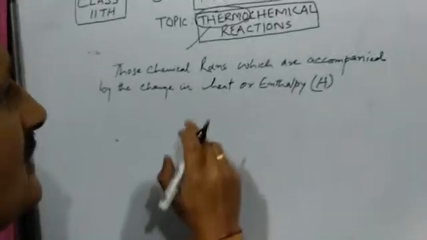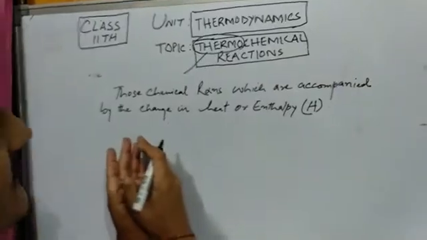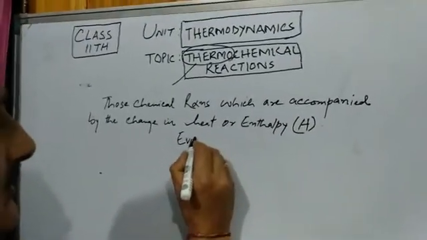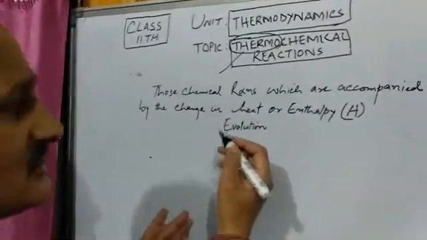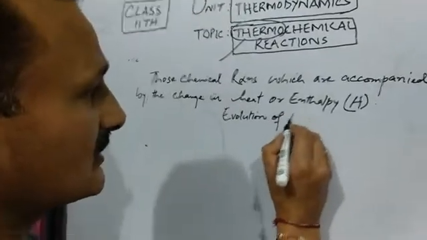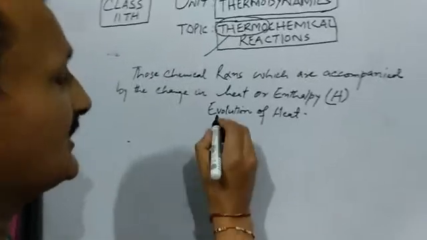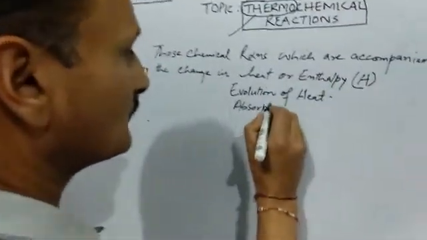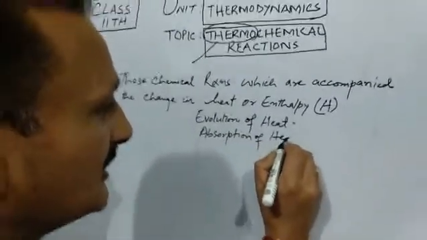Now, as I just told you, when a reaction takes place, either there is evolution of heat, that is, heat is given out during the reaction, or vice versa, it can be absorption of heat. These are the two cases which can take place during the course of a chemical reaction.